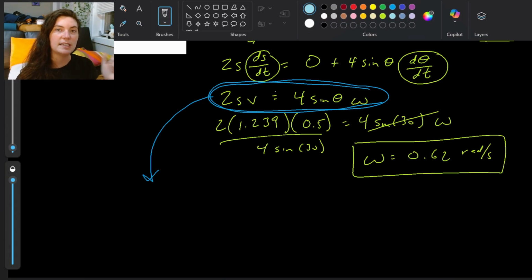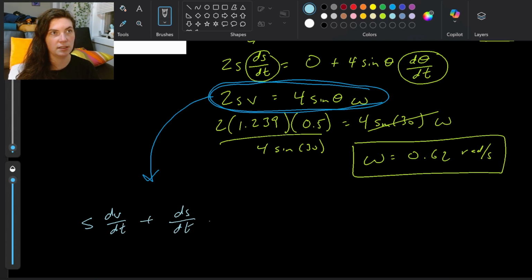Because when I have this s times this v, I've got to do my product rule, where my s times my v becomes s times dv dt plus ds dt times v. That product rule where you have original times derivative plus derivative times original. All of that is times 2 we had out there in the front.